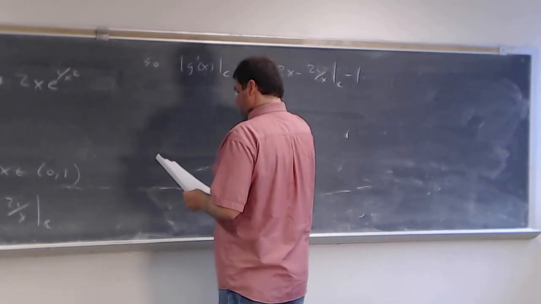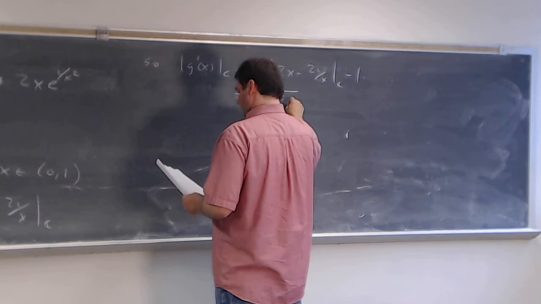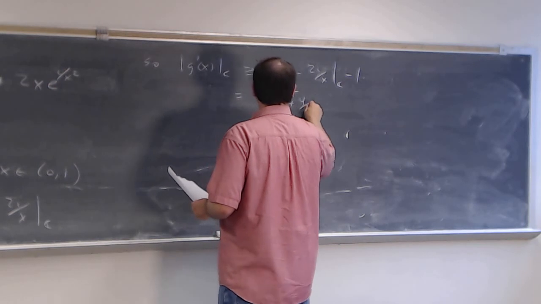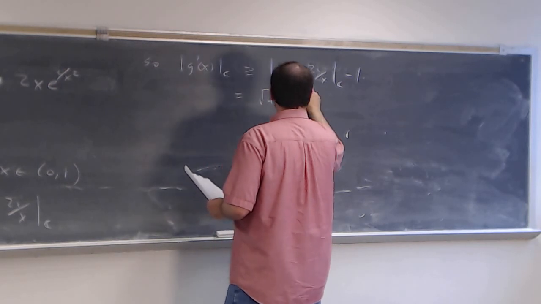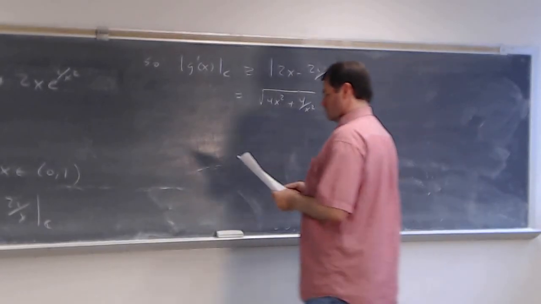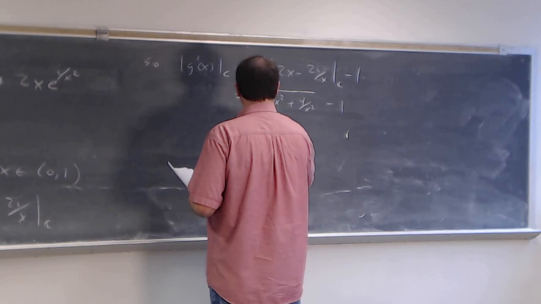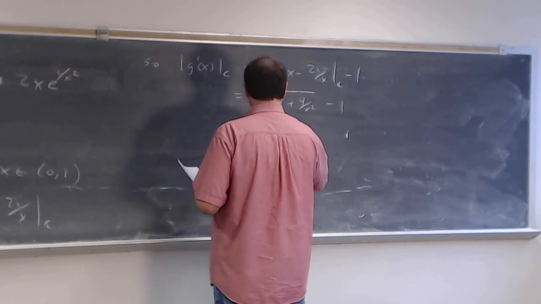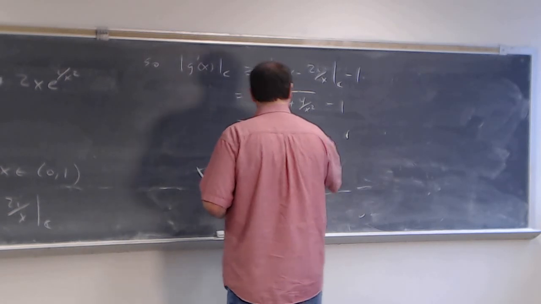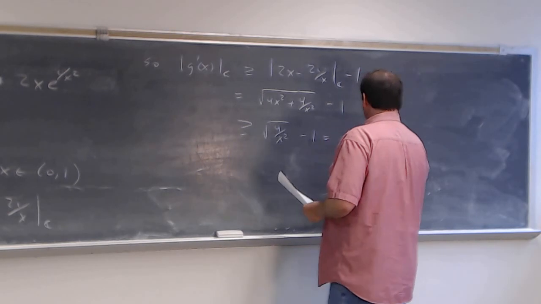And that's equal to the square root of 4x squared plus 4 over x squared minus 1. And that's going to be greater than or equal to the square root of 4 over x squared minus 1, which is equal to 2 over x minus 1.